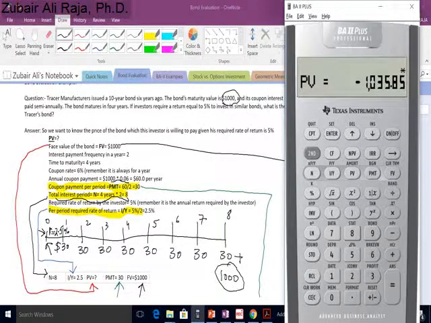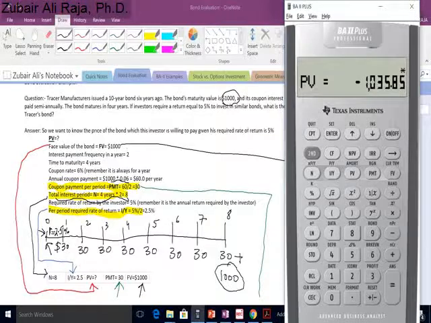And why is it so? Because in my last two lectures I told you that the price of the bond and the interest rate in the economy move in the opposite direction. In this case, after 6 years, the interest rate in the economy has decreased.